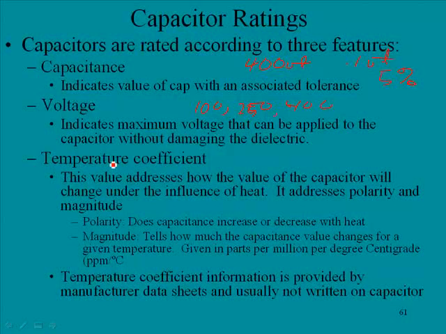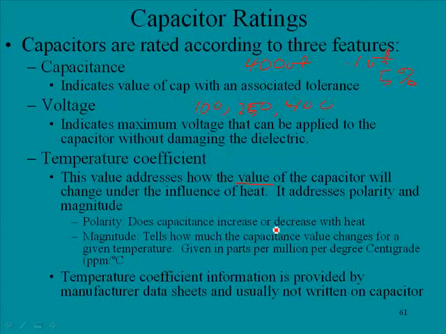Then there is the temperature coefficient. This addresses how the value of the capacitor will change under the influence of heat. And so two things we're going to look at: polarity and magnitude.